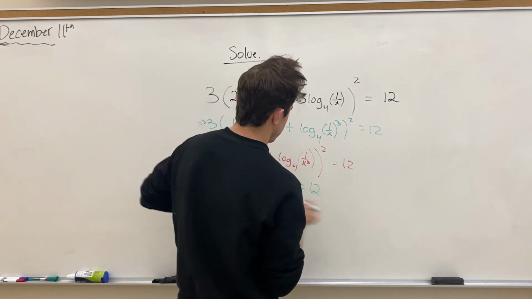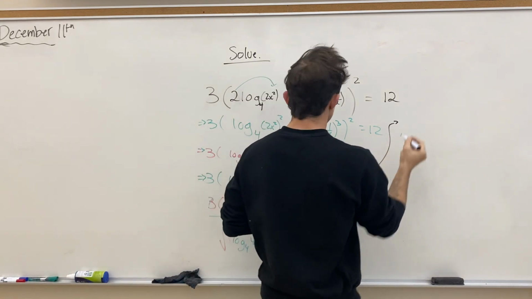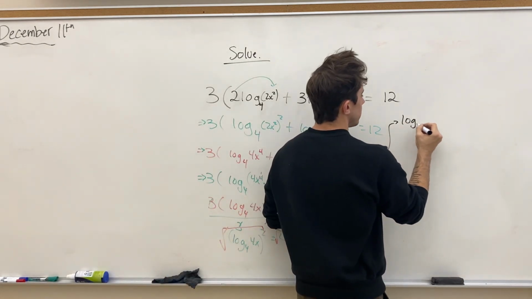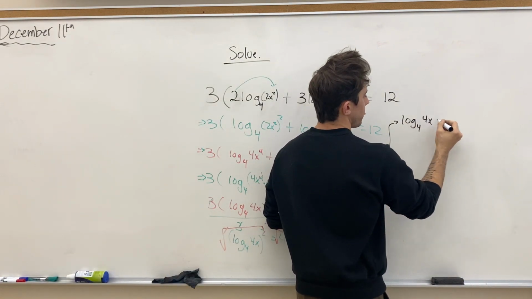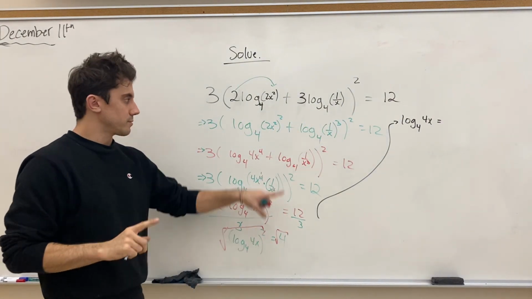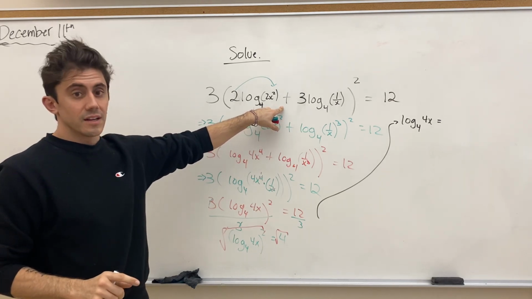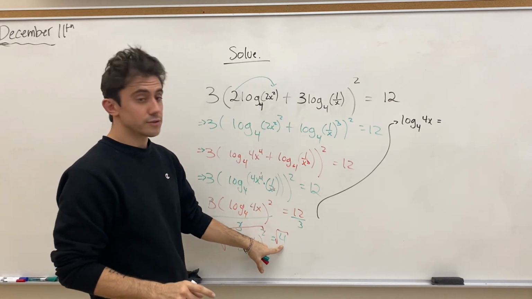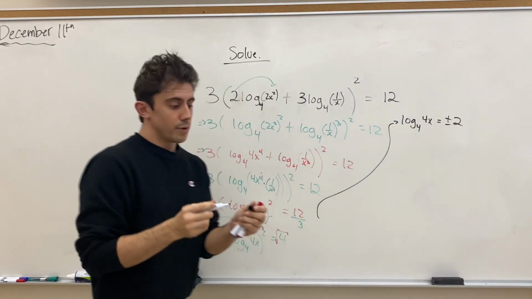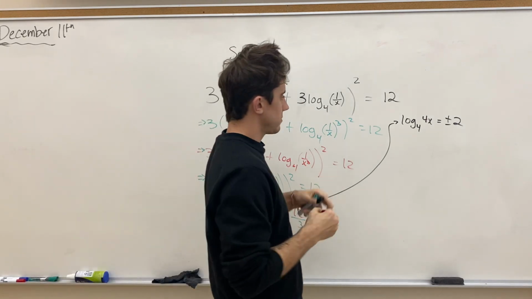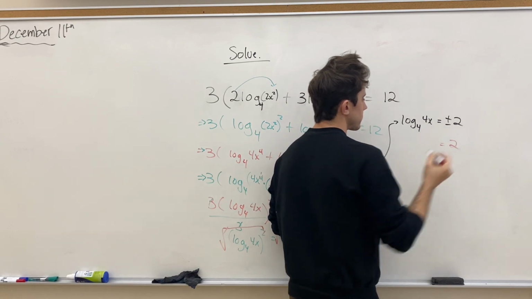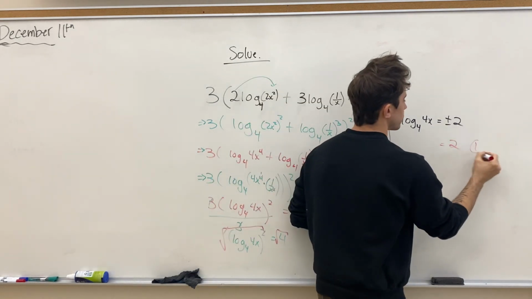And so now we have our log base 4 of 4x being equal to the square root of 4, which we know we'll have to talk about the restrictions on our logs a little bit later on, but we know that the solution to the square root of 4 is positive or negative 2, so we'll have to consider both. So let's use positive 2 first, right? I'll make a note of that, option 1.